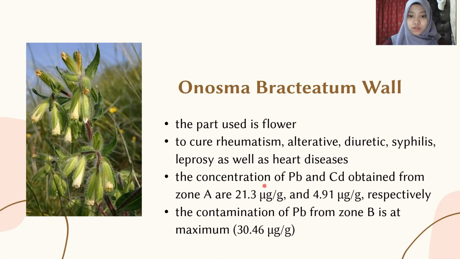The concentrations for the Pb and Cd obtained from zone A are 21.3 microgram per gram, and for the Cd is 4.91 microgram per gram. Both the essential heavy metals and the toxic metals are absorbed from the soil through roots, or even from the air.